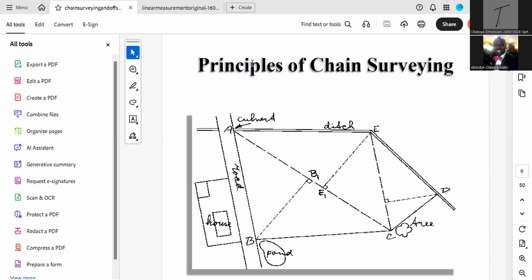What word should I use now? Kilometer square, you're already talking about area. But we're dealing with distance measurements here. So I guess I should have said the range in kilometer or in meter or in centimeter, whatever units you want, not kilometer square. You are taking us to area measurements.